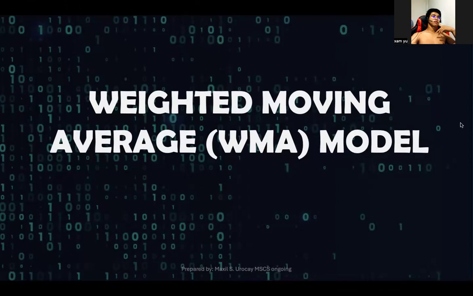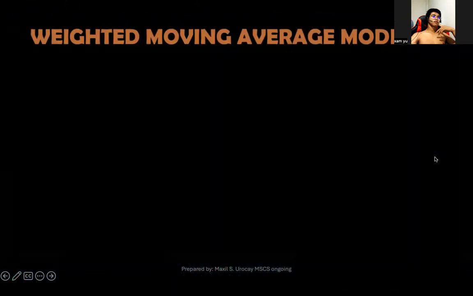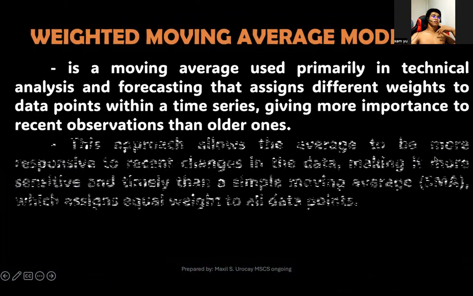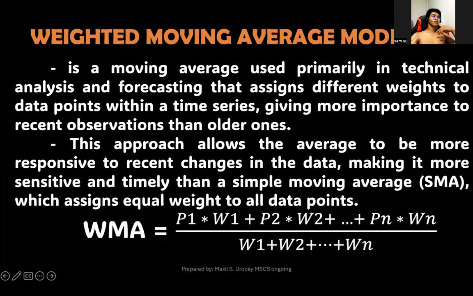This will be the topic for the weighted moving average model, which is another forecasting technique that we'll be going to learn for today's lesson. So our lesson is all about the weighted moving average, which is a moving average used primarily in technical analysis and forecasting that assigns different weights to data points within a time series, giving more importance to recent observations than older ones.